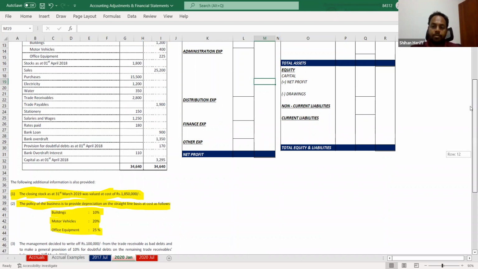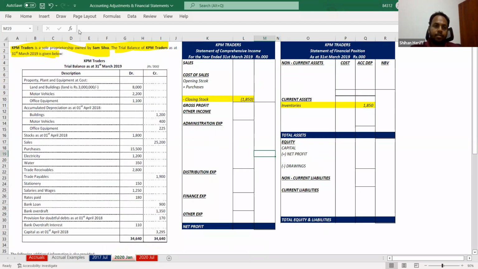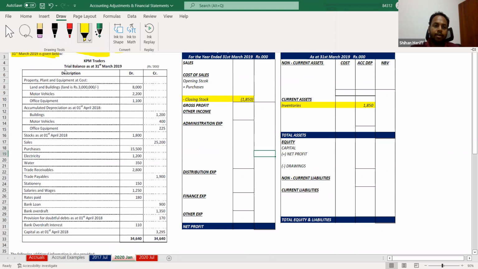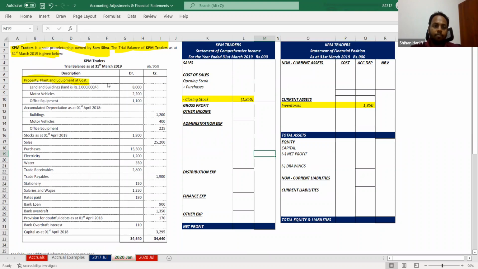Then we will record the cost of the property, plant and equipment. Land is 3 million, so the building will be the remaining 5 million. Motor vehicles 2.2 million, office equipment 1.1 million.